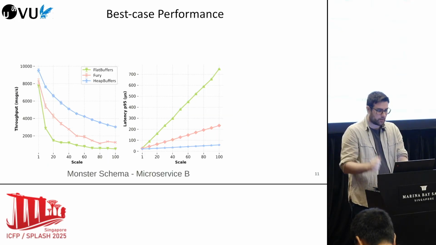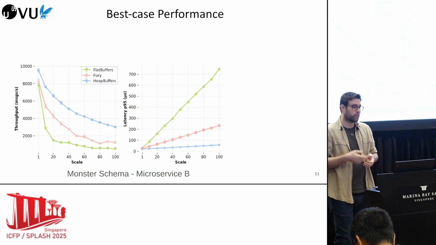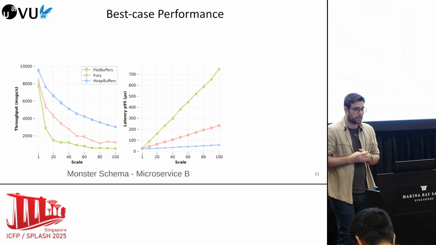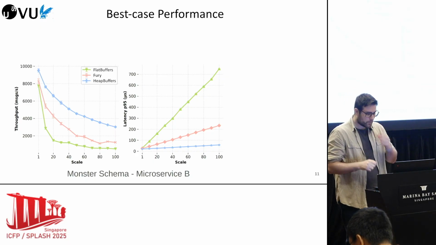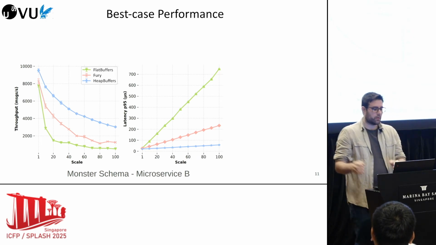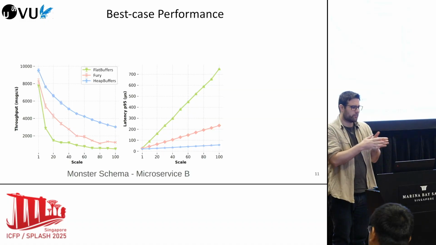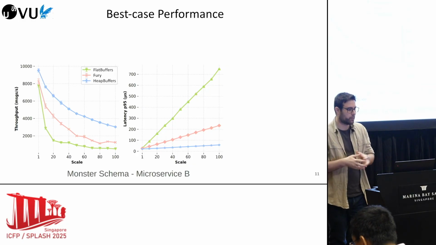Now, zooming in on the best case scenario, what we are measuring here is throughput and P95 latency. On the X axis, we have different message sizes. We compare against Apache Fury. In the preceding experiment, we compared against many existing libraries in Java, and Apache Fury was by far the best, so it's our baseline.